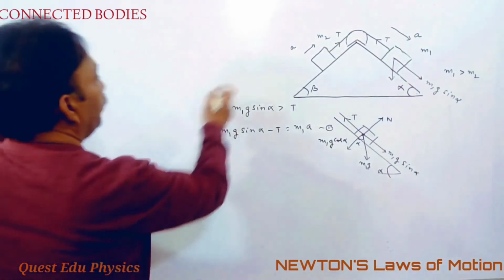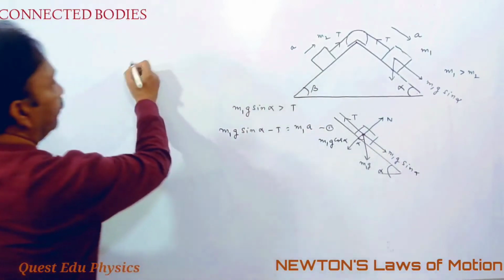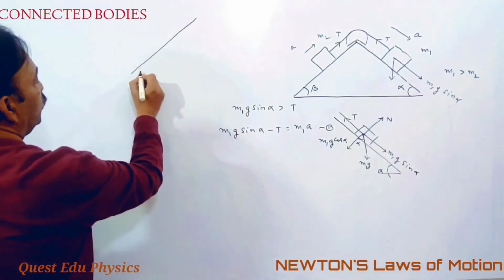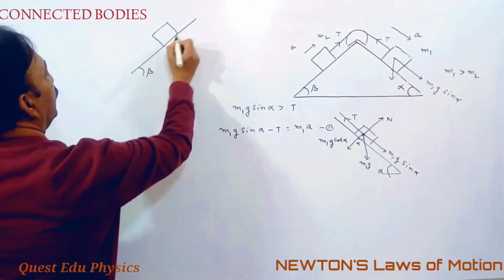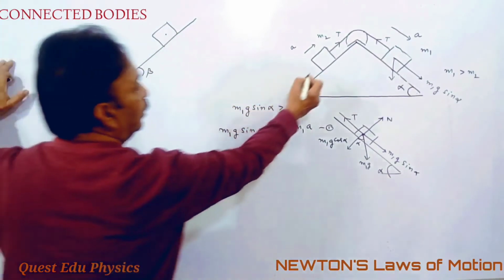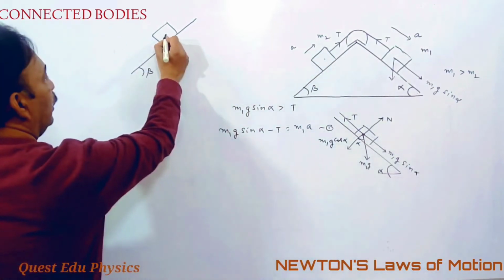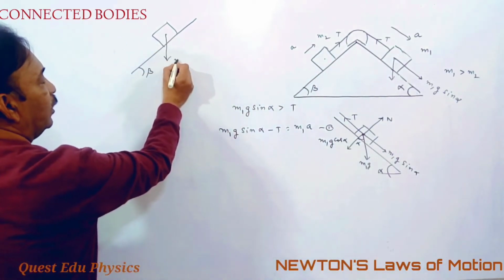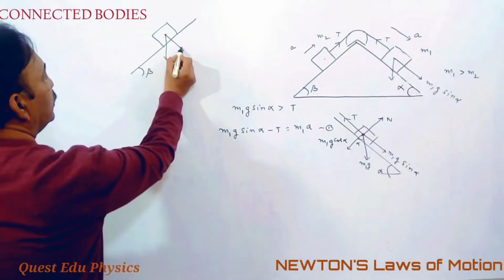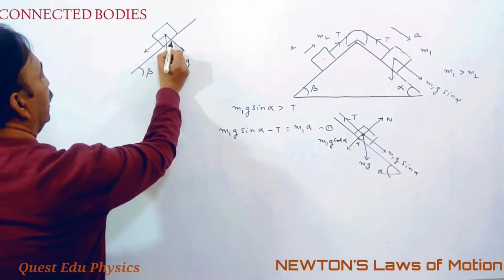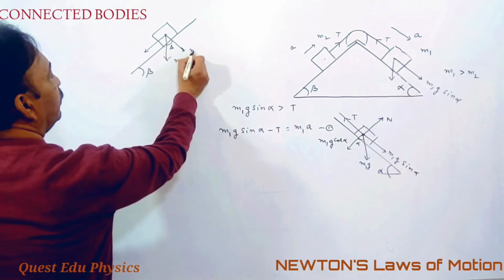Now we are taking this plane. Okay students, it is beta, and the same body is kept here. It has a mass of M2 and weight is working vertically downwards. We are resolving it into components. It is beta automatically.